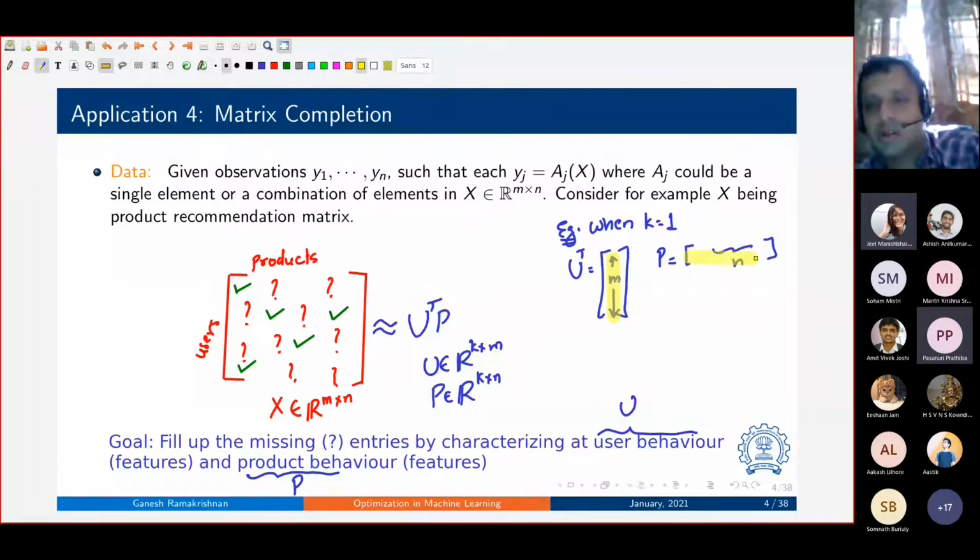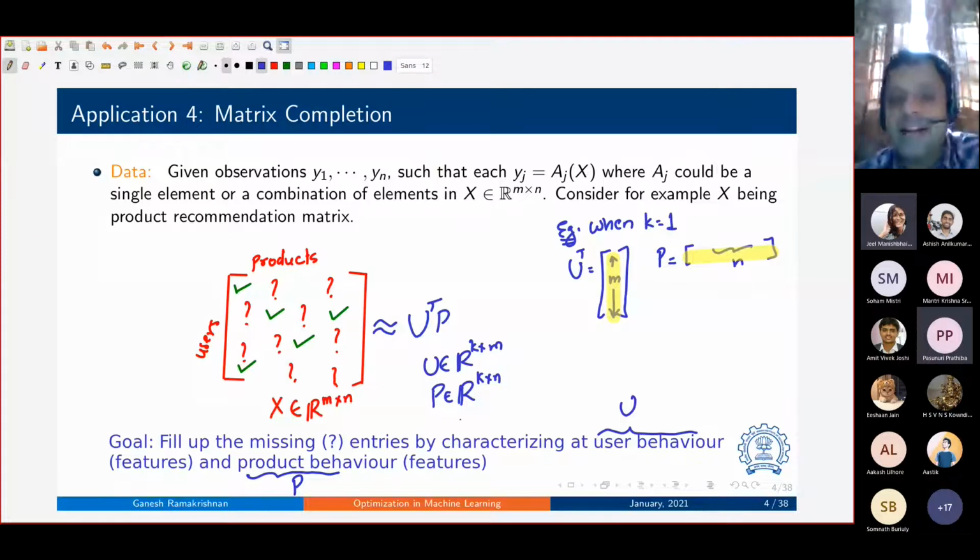So should it correspond to X? Well, if this is an approximation, you're trying to approximate X. So it would be a rank 1 matrix when U itself is in one dimension and P is also in one dimension. Its rank is 1. It's an m-dimensional vector, but it has rank 1.